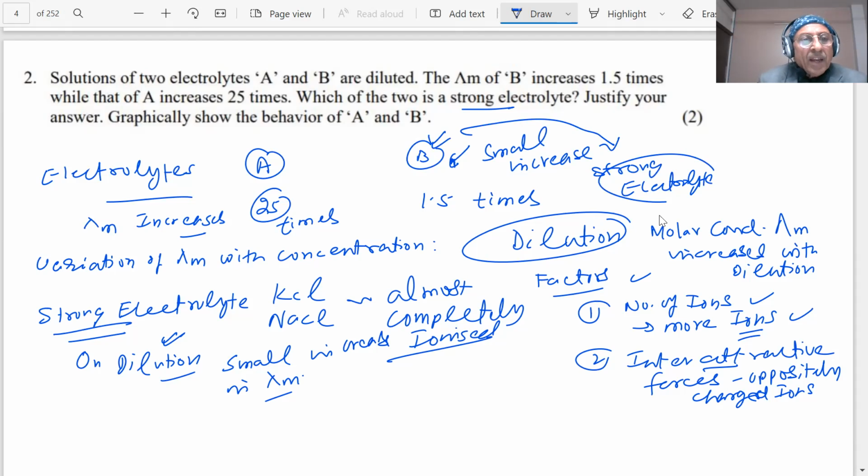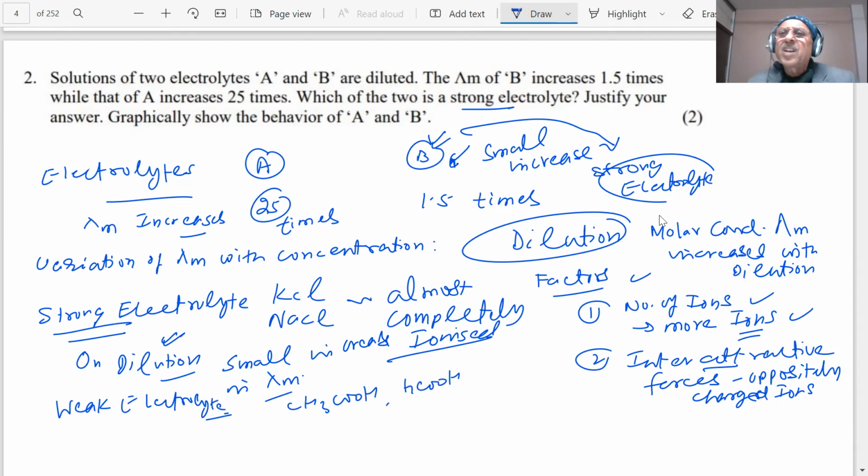And A, what happens if it is a weak electrolyte? Let me take acetic acid or formic acid. These are weak electrolytes. Their degree of ionization is very small, less than 5%, very, very less ionization is there. So what will happen on dilution? In the case of weak electrolyte, students, there will be a steep rise in lambda m on dilution.